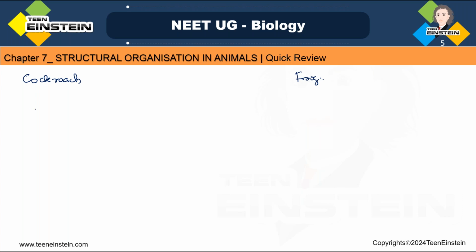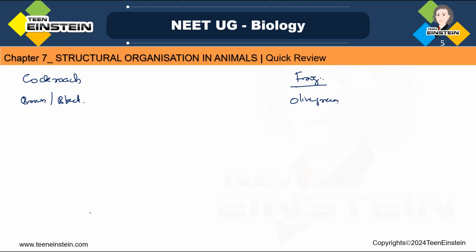See, for cockroach, we just need to say about the color. You know the color of cockroach, right? It may be brown or black. And frog will be olive green, right?